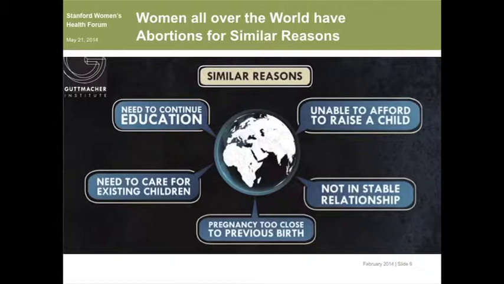And all over the world, when women have unintended pregnancies and are seeking abortion, they cite the same reasons: economic concerns, concerns about being able to provide for their existing children, concerns about their own health, relationships, and educational goals.